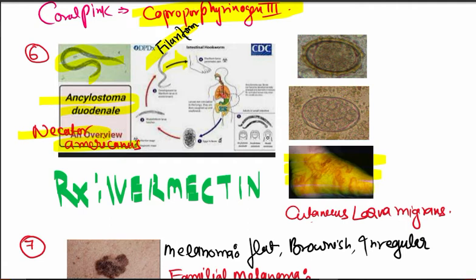And the egg in the stool appears like this one or this one. This is known as cutaneous larva migrans. In this condition, the treatment of choice is ivermectin.